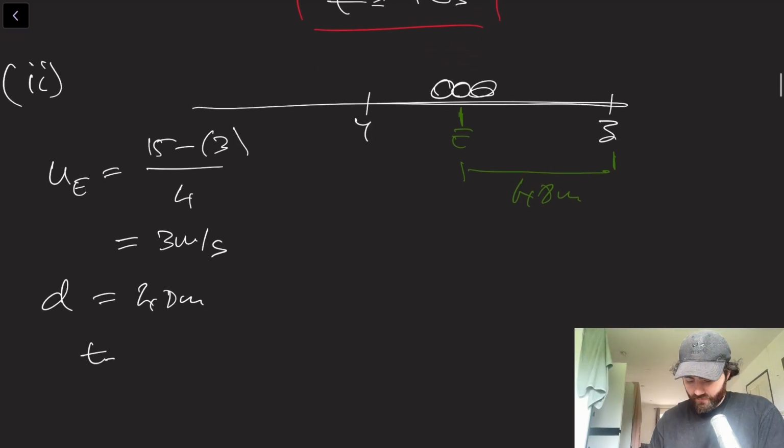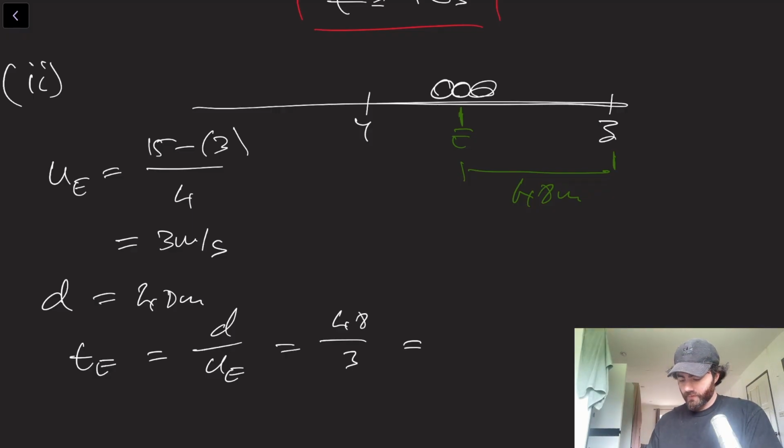And so the time, let's call it T of E, this time for E to get to Z will just be D over U of E. So this is 48 over 3, 16 seconds. Okay, so that first bit is 16 seconds.